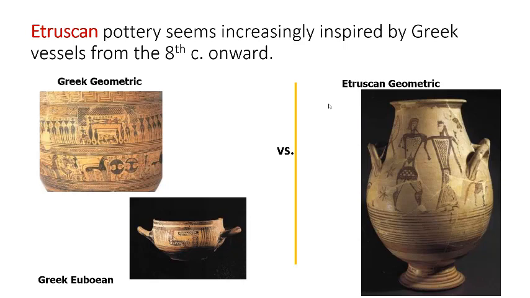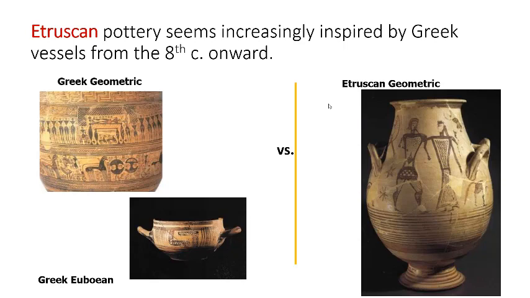And from the 8th century onwards, we start to see that vessels coming in from Greece are having an influence on the way things are made in Etruria. And vessels made by the Etruscans begin to take on, some of them at least, some of the same artistic motifs as we see in Greece.